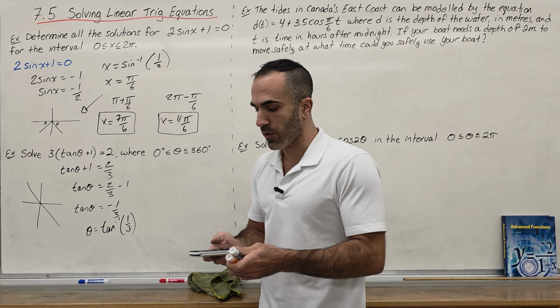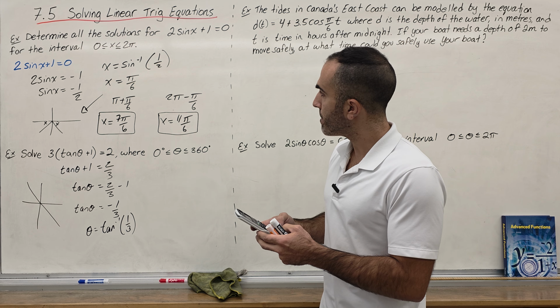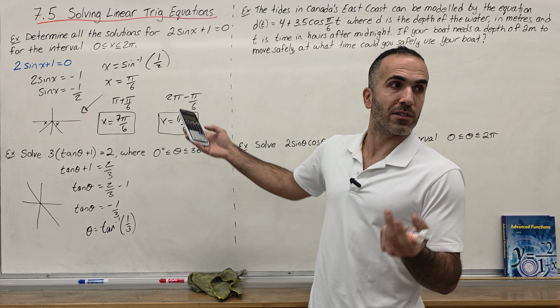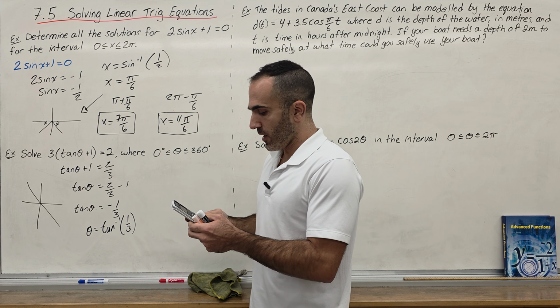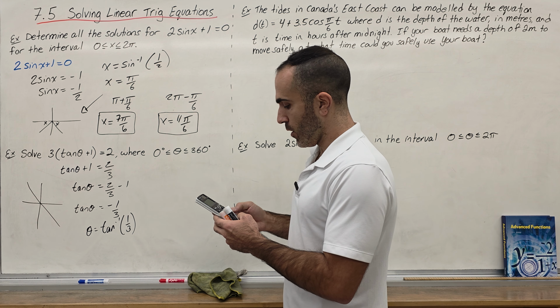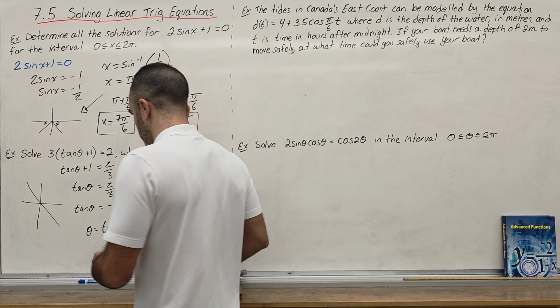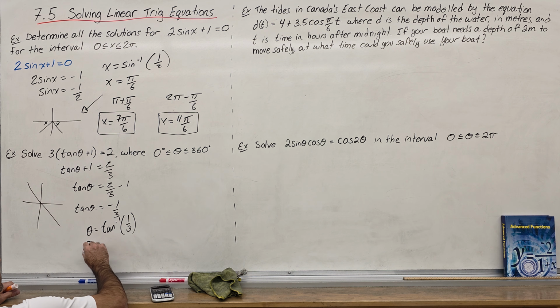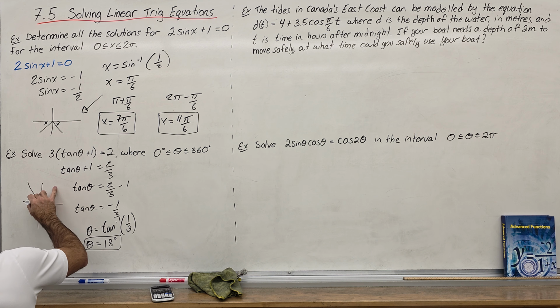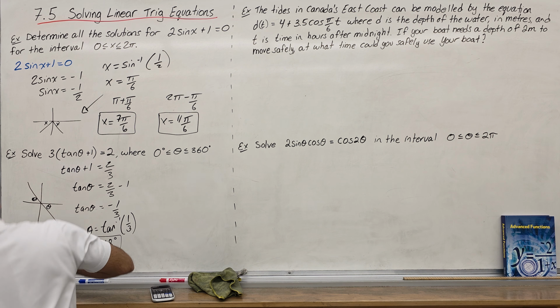Luckily, I'm already in there from my other class. And luckily, I didn't use my calculator for the first one because I was in degree mode. Inverse tan of 1 over 3 equals 18.4. So theta is 18 degrees, which is this and this.